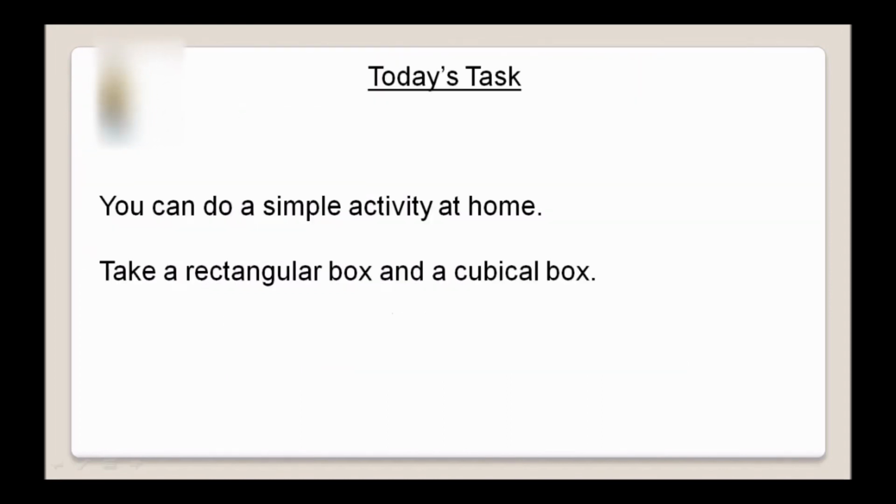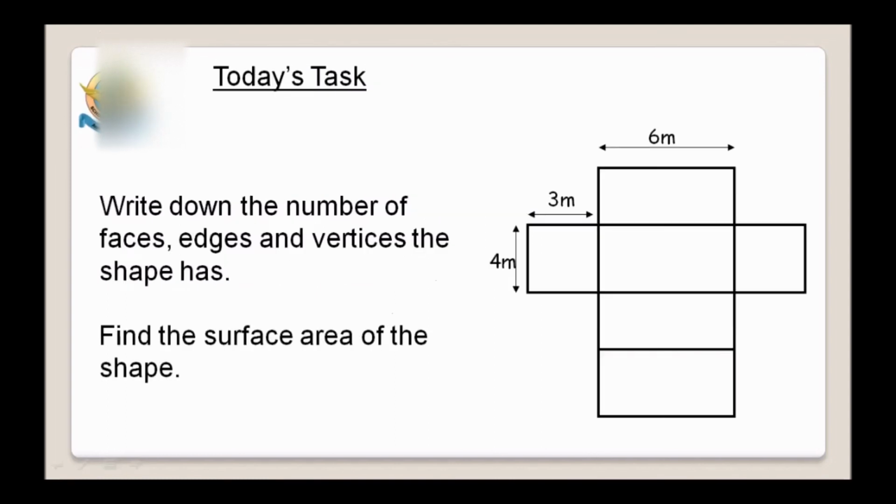Now, you can do a small task at home. You can do simple activity at home. Take a rectangular box and a cubical box. Cut it as in the figure. You can see in the figure. Then write down the number of faces, edges, and vertices the shape has.